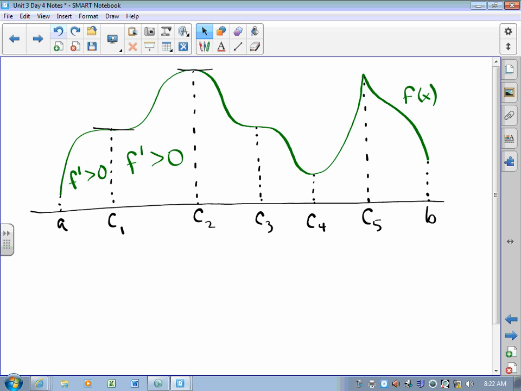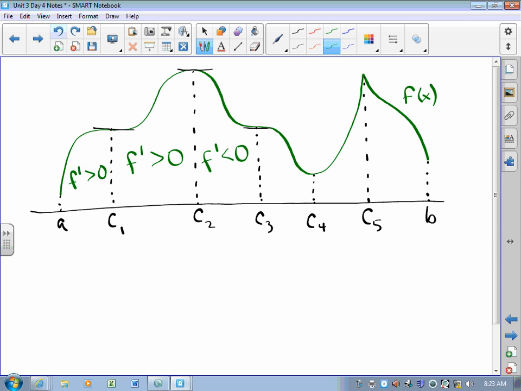Again, I can make the connection to yesterday's lesson. I know that f prime is positive because between C1 and C2, f of x is increasing. And since f of x is increasing, its derivative must be positive. Between C2 and C3, when we're flat again, f prime is negative because f is decreasing.